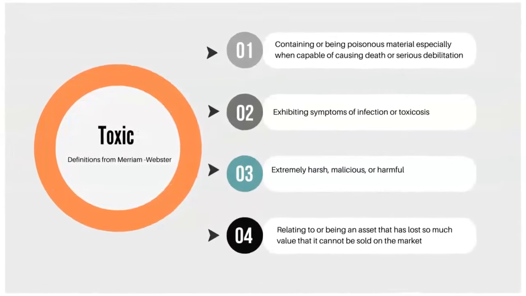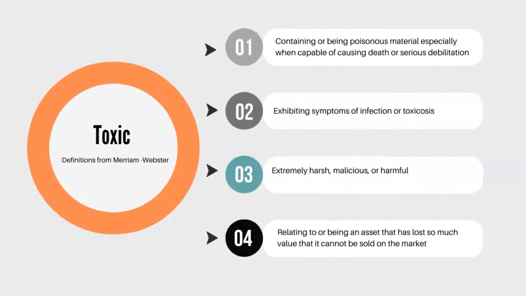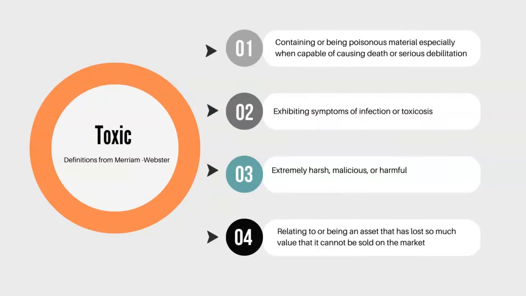But before we delve into what toxic behavior is, let's examine what the word toxic means. Number 1, containing or being poisonous material, especially when capable of causing death or serious debilitation. 2, exhibiting symptoms of infection or toxicosis. 3, extremely harsh, malicious, or harmful.